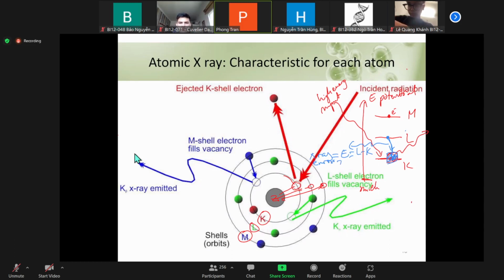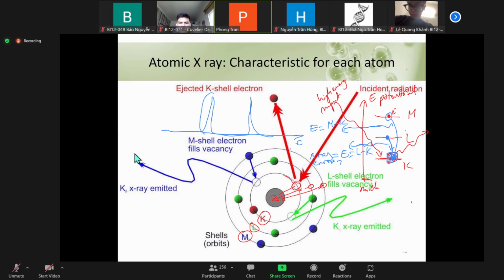But not only the electron in L will fall down, the electron in M also falls down, and then you have a second emission equal to M minus K. If you collect these emissions, you get a spectrum like this one, with the first emission and the second emission, showing energy of emission.